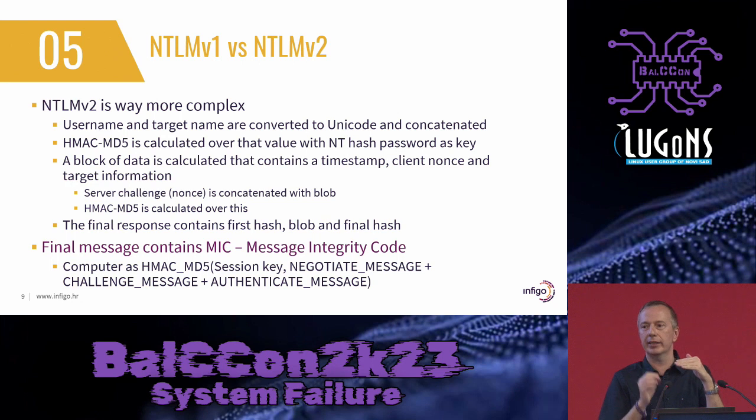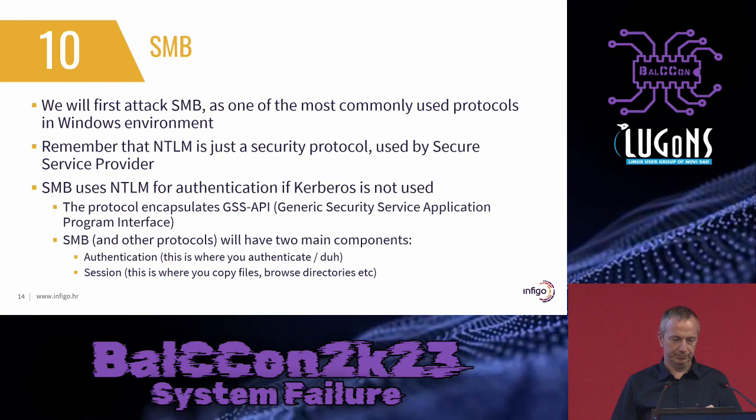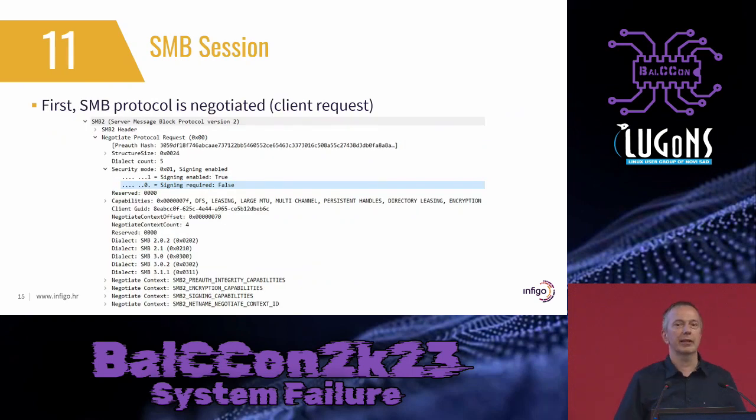You can't modify anything because the whole HMAC MD5 thing will fall apart. And even though NTLM by default will always have signing enabled, remember on the NTLM level, on the outer level, over here, SMB will say, well, I don't care about signing. So in order for signing to work, both of these layers have to have signing enabled and required. If it's not, then they don't care about signing.